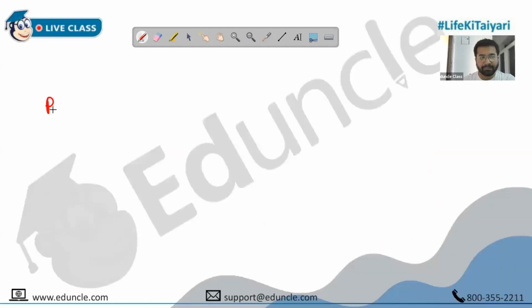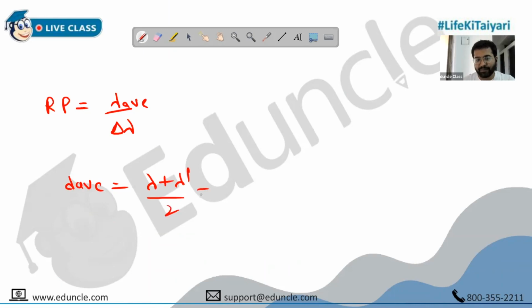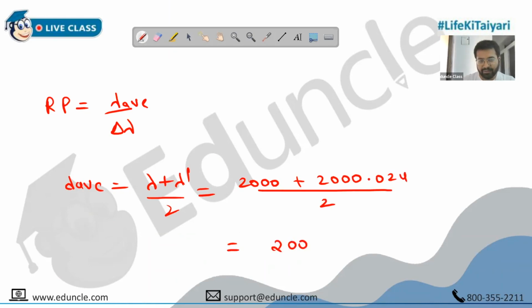When you talk about resolving power, lambda upon delta lambda, this is actually the average lambda. So the average lambda is lambda plus lambda dash by 2, that is 2000 plus 2000.024 by 2, which is 2000.012. Now you can calculate resolving power: 2000.012 upon 0.024.